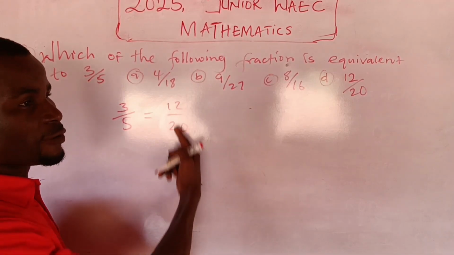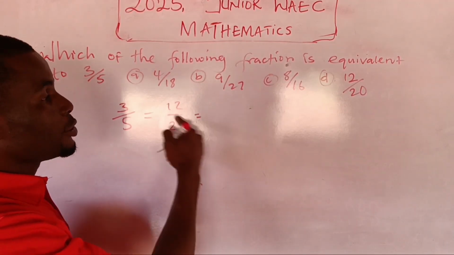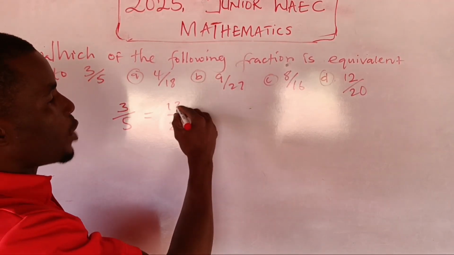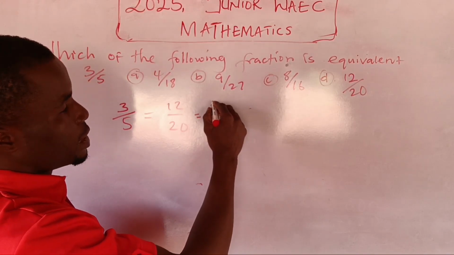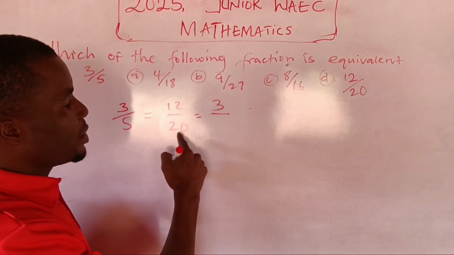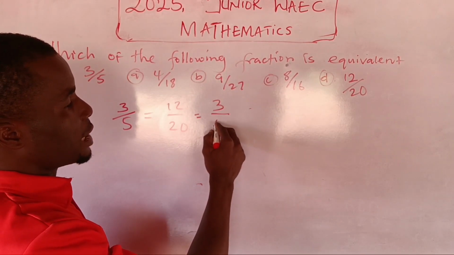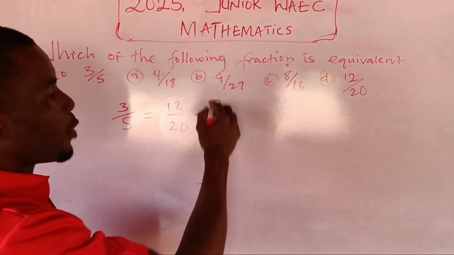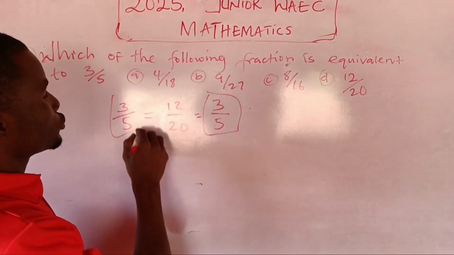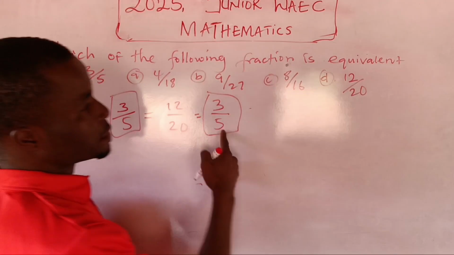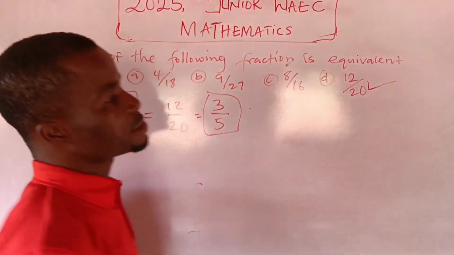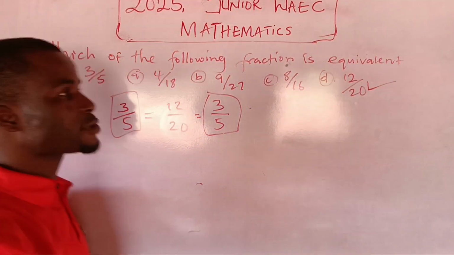What can I use to divide that can work on both sides? 4 can work on both sides. So how many 4 can I see in 12? I can see 3. How many 4 can I see in 20? I can see 5. Therefore, our answer is equal to this. So this option D is the best option.